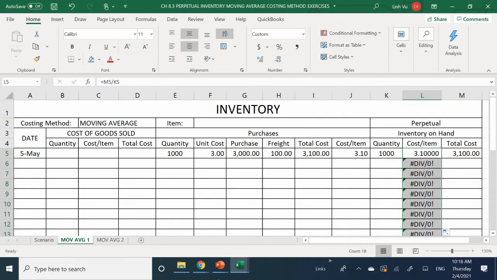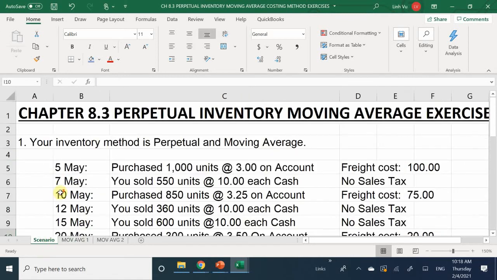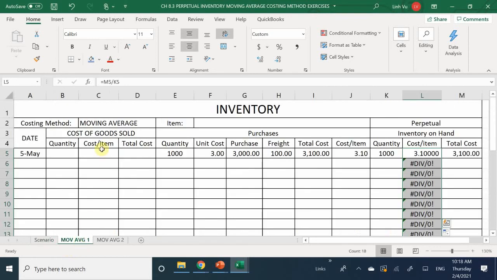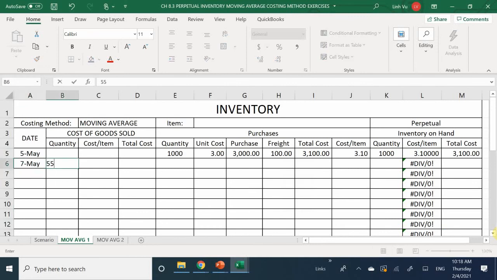Okay. So now that I have that, our next scenario here is that we sold 500 units at $10. So let's go ahead and calculate this. What is going to be in my cost of goods sold? So we sold 550 units.